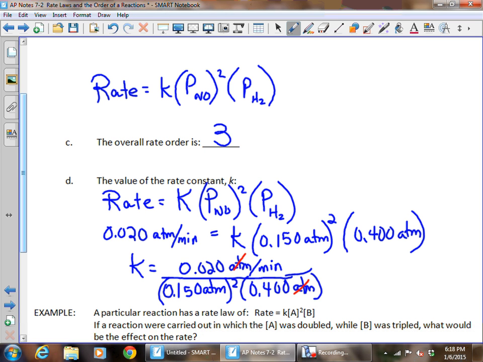We end up with a numerical value of 2.2. And look what our units end up being. We have atmospheres on bottom squared, so that's atmospheres to the negative 2 since it's on bottom. And we're still going to have our reciprocal minutes always. So there's our value for K.